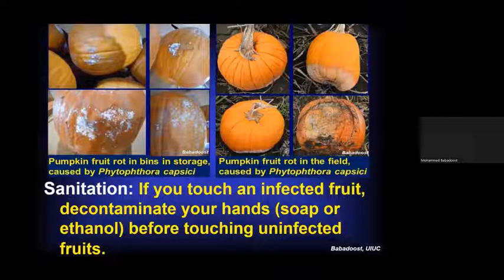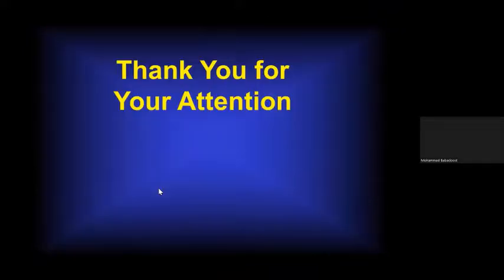If you are harvesting pumpkins or watermelon or squash or anything, cucumber, do not plant in a field which has a history of Phytophthora blight, because the soil is contaminated and the fruits will die. With this, thank you so much for your attention.